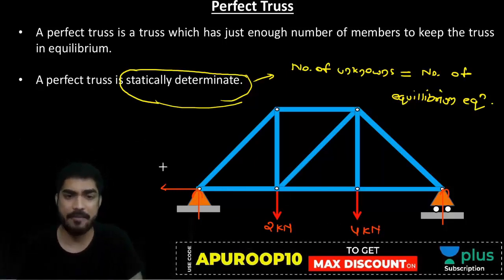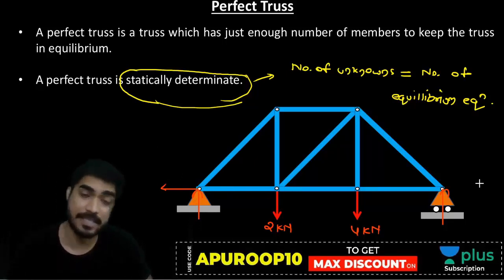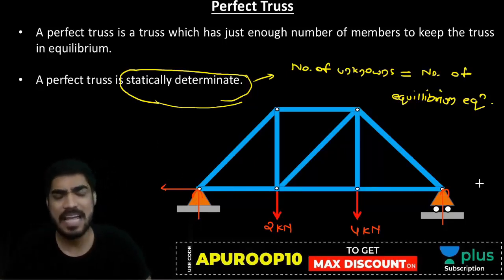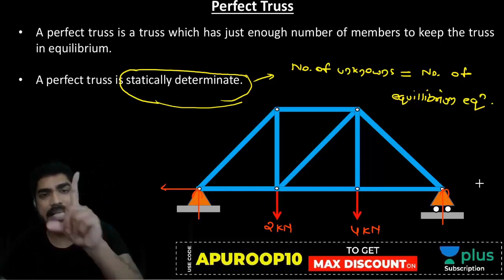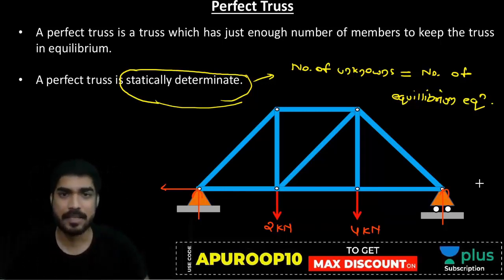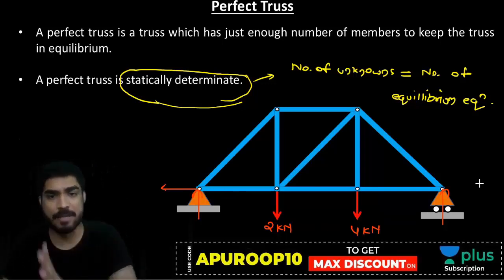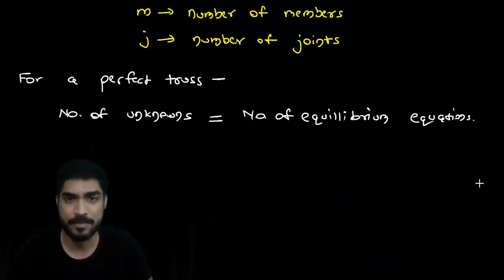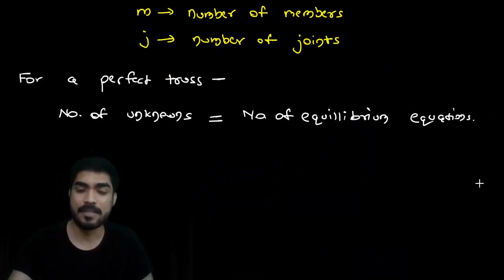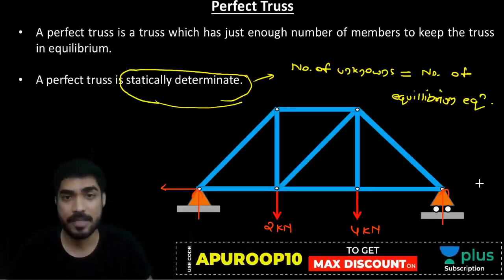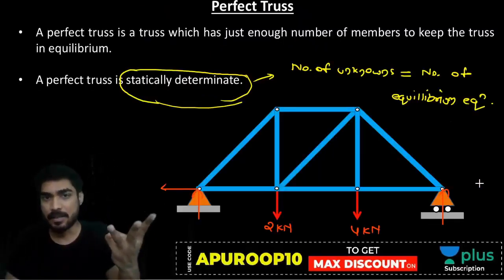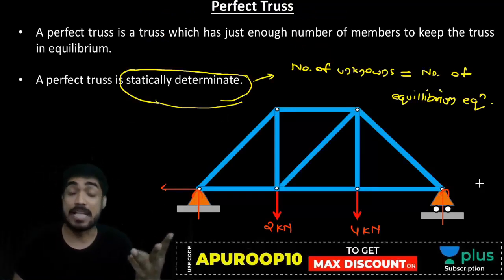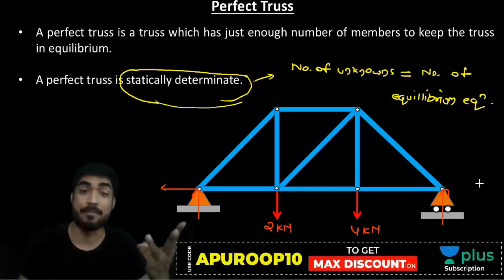So we have these three unknown reaction forces, and every member has an unknown force, right? There is one unknown force in every member, and how many members do we have? M number of members, right? So how many unknowns will we have? There are three reactions plus every member has one unknown force, and there are M number of members.